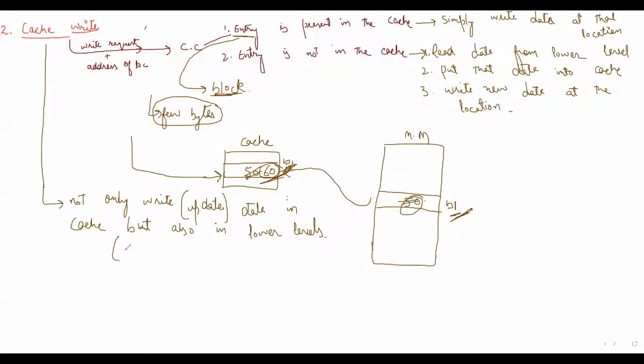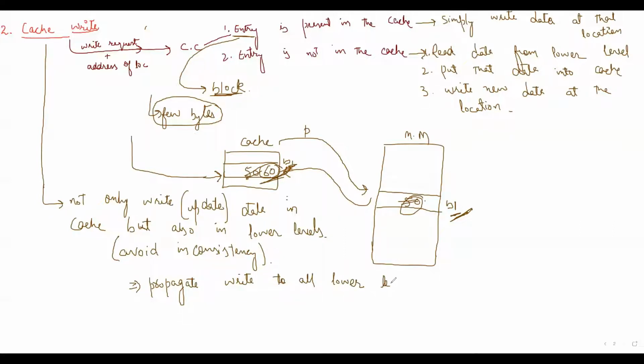So this is required to avoid inconsistency. So if we have a cache write, we have to write not only into the cache, but we have to propagate that write to all lower levels in order to maintain data consistency.